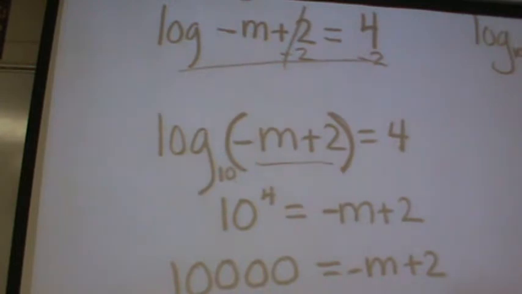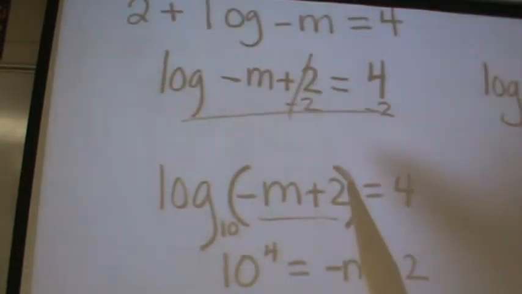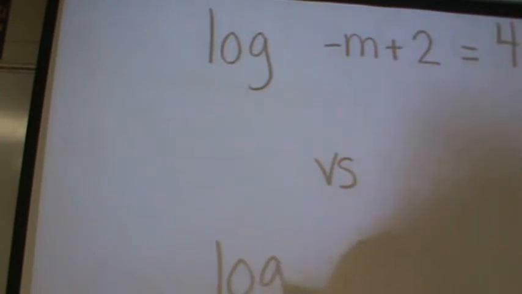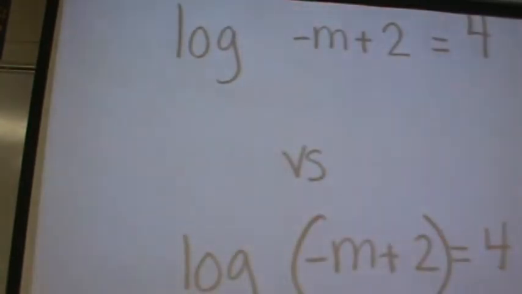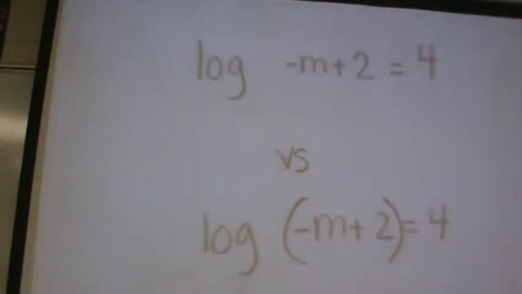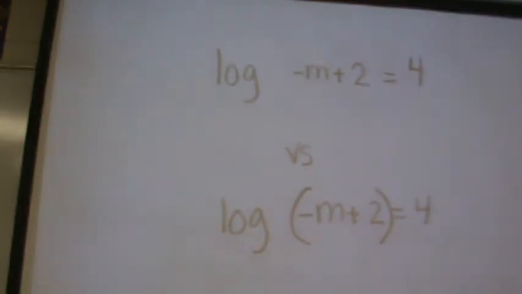when you're solving. I'm still confused with the parentheses. I did it too fast, okay. So if I give you this problem, negative m plus 2 equals 4, versus the other, these are two totally different problems.